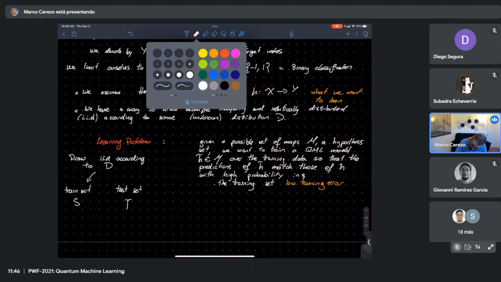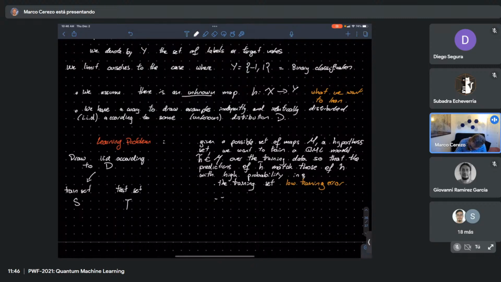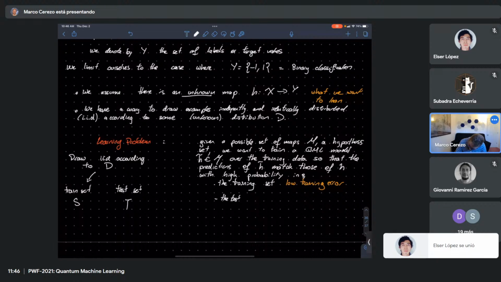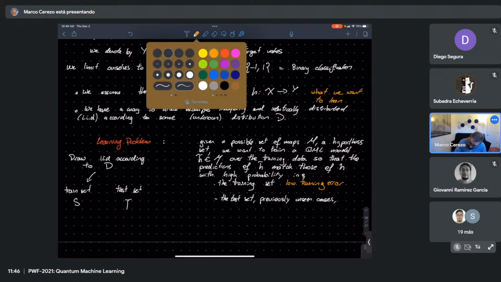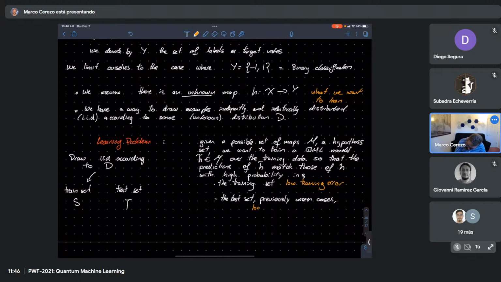But we also want it on the test set, which is composed, of course, of previously unseen cases. So these are not cases that we use for training our model. And this is what we usually refer to as low generalization error.